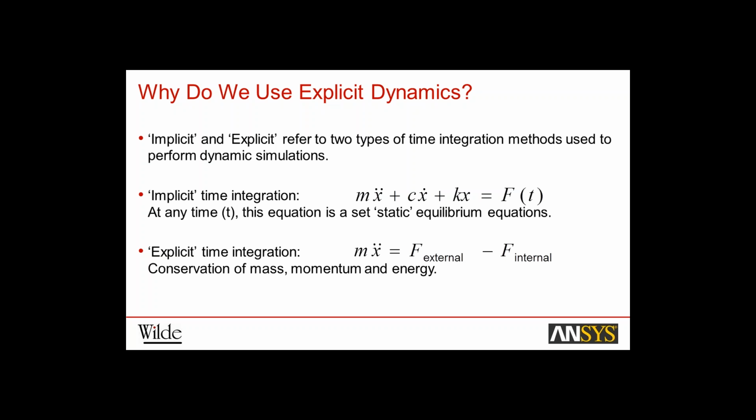Once we've got the displacements, we can then calculate the internal forces, and those internal forces can be compared to the external forces to see if we've got convergence in our solution. Once we have convergence, we can then go on to the next time increment.